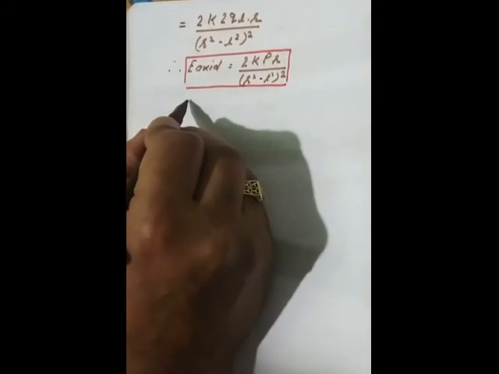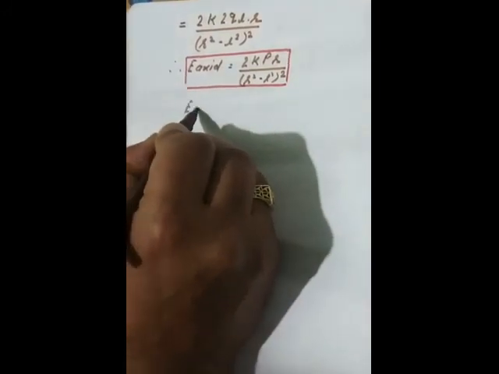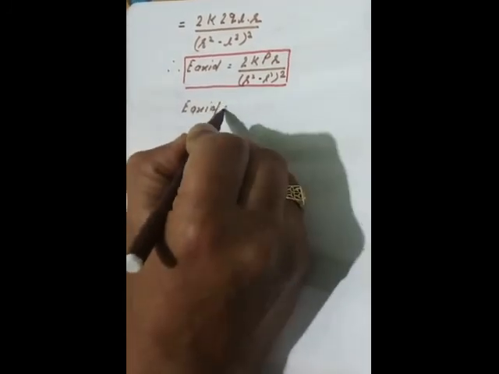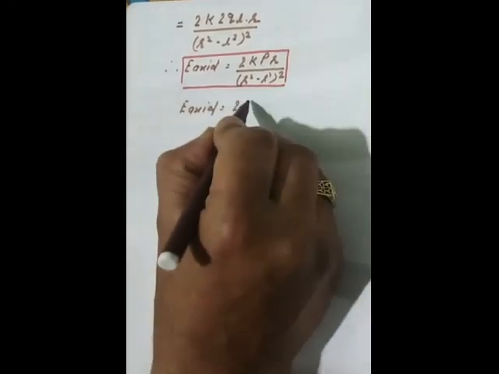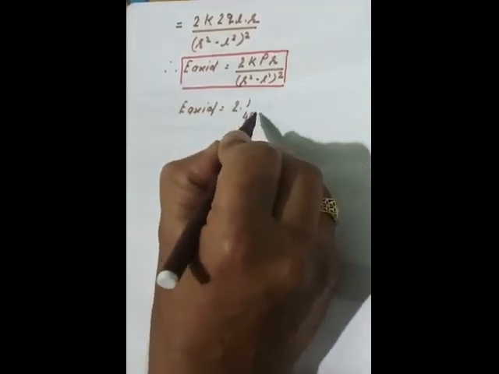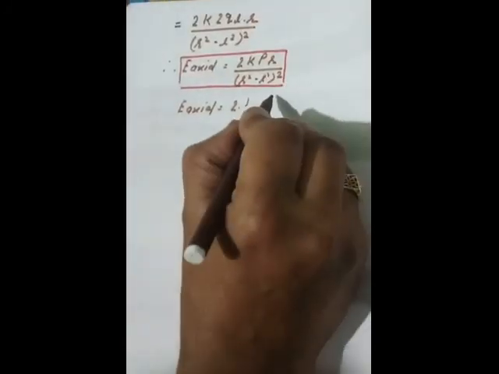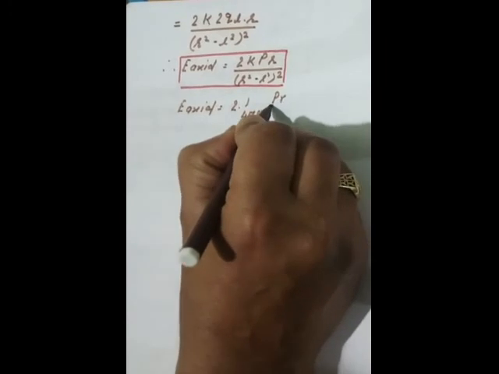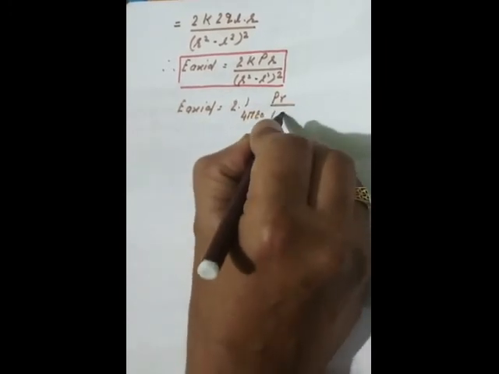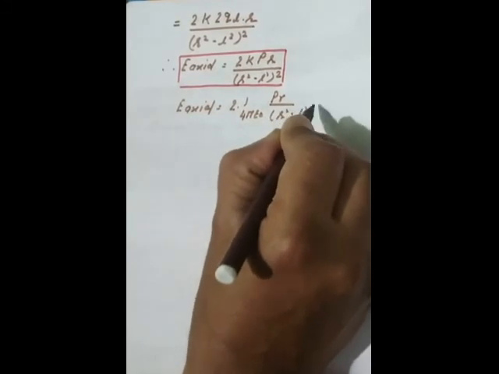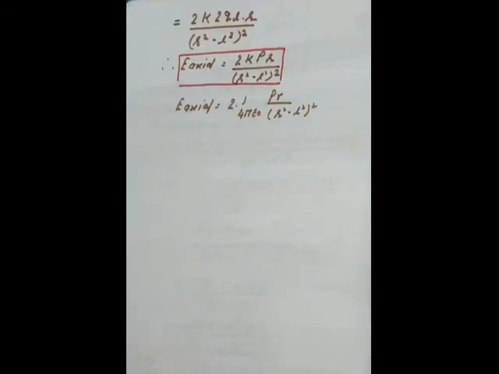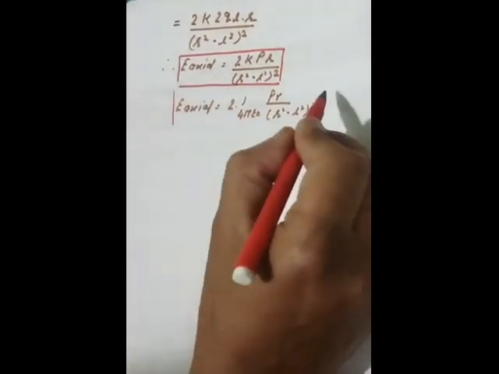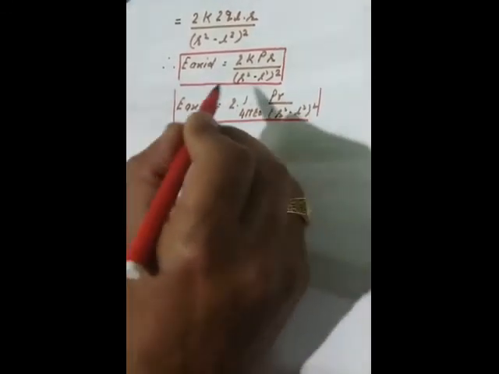If we put in place of K, 1 upon 4 pi epsilon naught, so electric field E at axial position equals to 2 into 1 upon 4 pi epsilon naught, PR upon R square minus L square whole square, or this one.